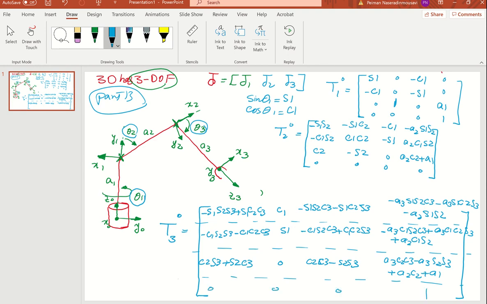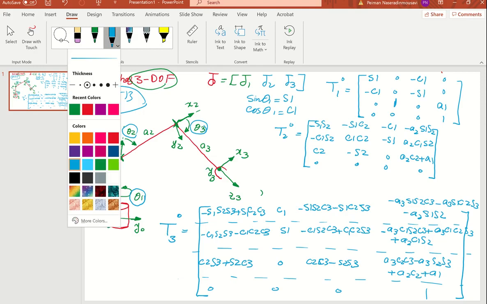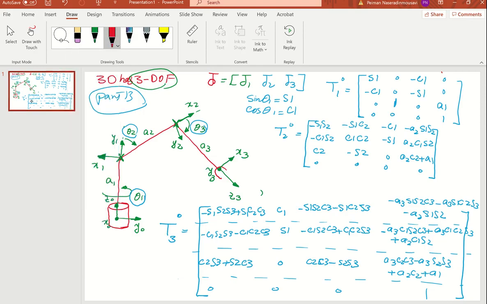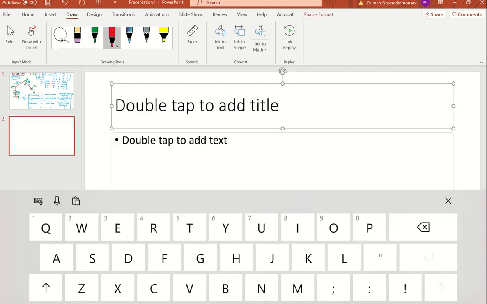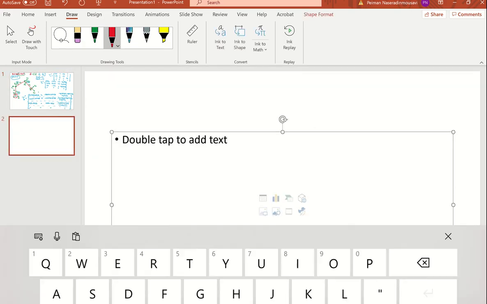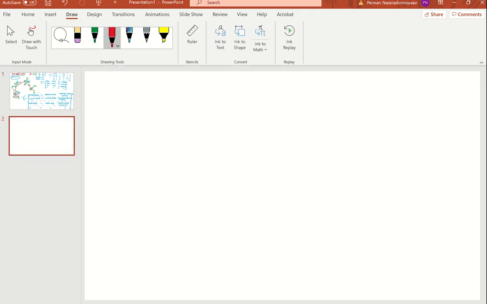Now I have to simplify this, that's right. So that's why I'm gonna take you back to high school trigonometry. Remember that if you have, for example, sine of theta 1 plus theta 2, this is gonna be sine theta 1 cosine theta 2 plus sine theta 2 cosine theta 1.